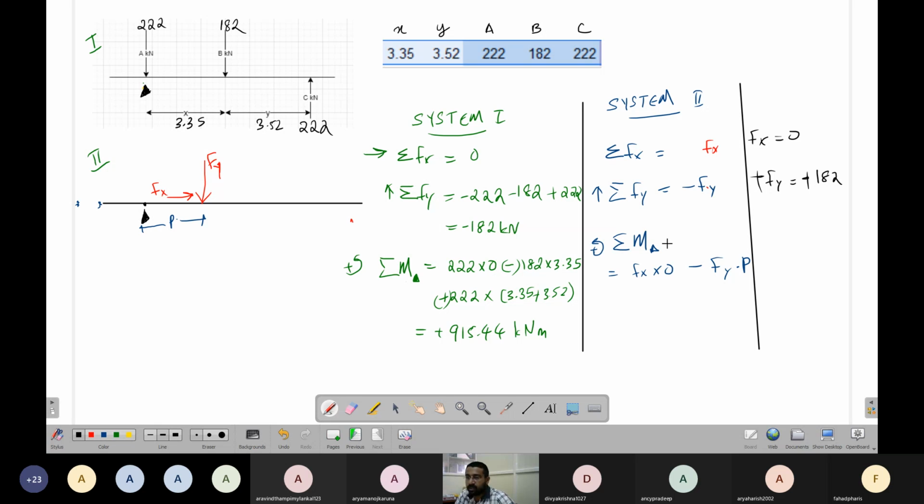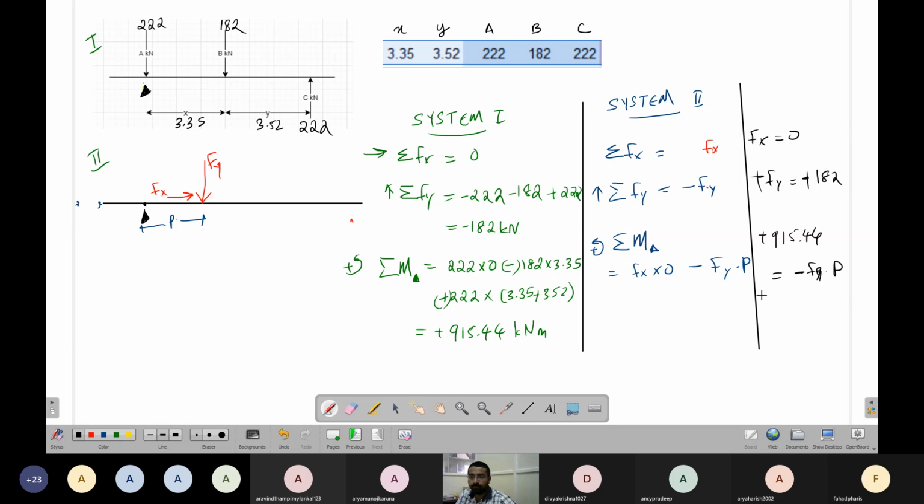Then plus 915.44 is equal to minus Fy into p.